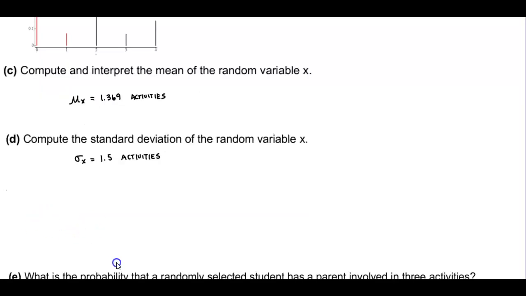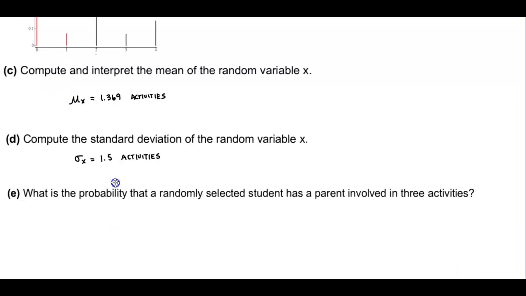Now in part E, it's asking what is the probability that a randomly selected student has a parent involved in 3 activities. That corresponds to when x is equal to 3. So what is the probability when x is 3 on our table?